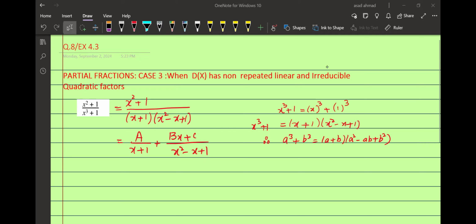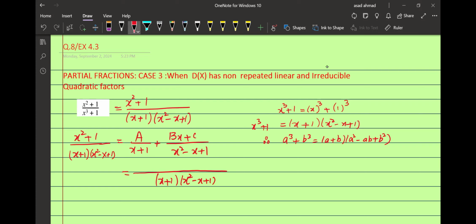The rest of the procedure would be as it is, that we will take the LCM first, because you can also write the left hand side in the form of LCM, so that in the next step we can cancel out the denominator. For that purpose, we will apply the LCM like x plus 1, x square minus x plus 1.